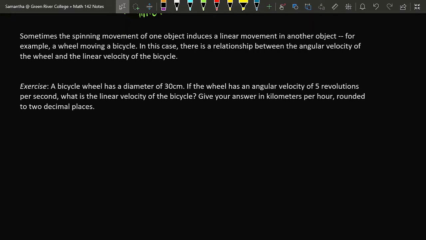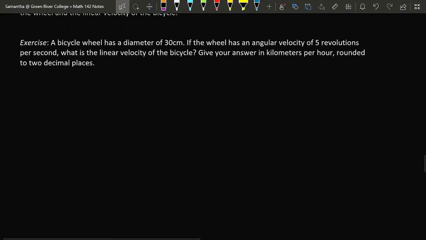So let's go ahead and do a quick exercise to see if we can get a sense of what the relationship is between angular velocity of a wheel and the linear velocity of the object that is being carried by the wheel. For example, a bicycle wheel apparently has a diameter equal to 30 centimeters.